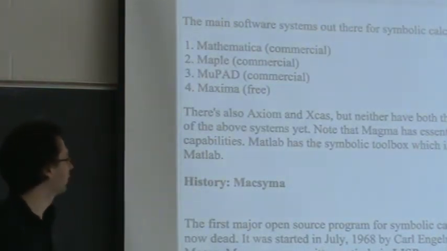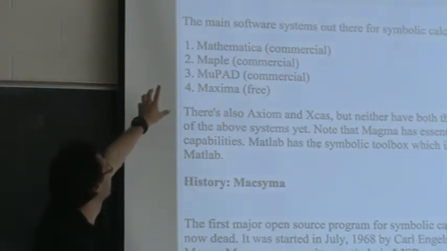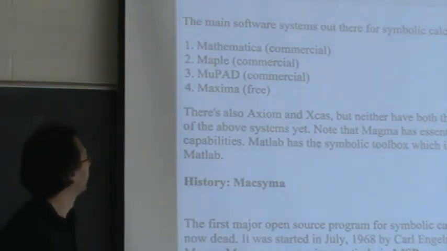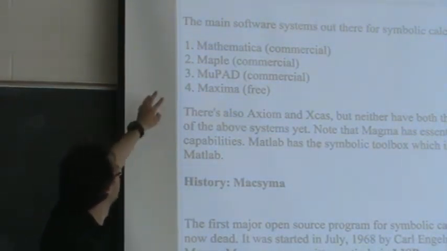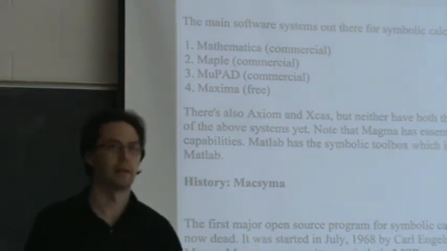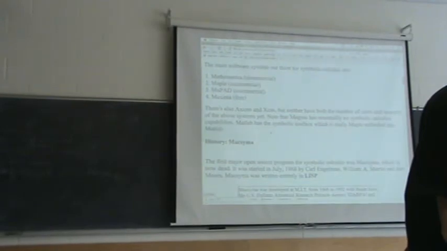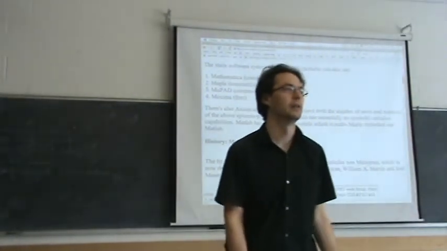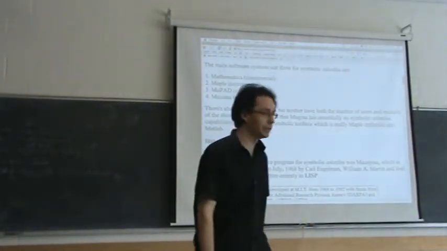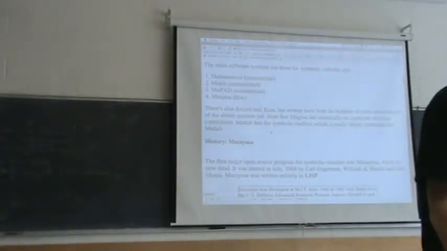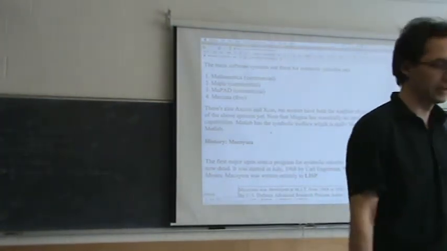And there are a couple of other systems, but these are really the big players in symbolic manipulation. And by far the biggest are Maple and Mathematica. They have way more users than the other systems. And they're quite sophisticated, especially Mathematica. It's very fast and powerful at doing symbolic computation, symbolic integration, etc., that sort of thing.